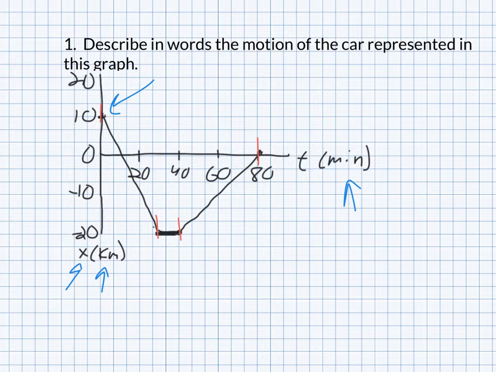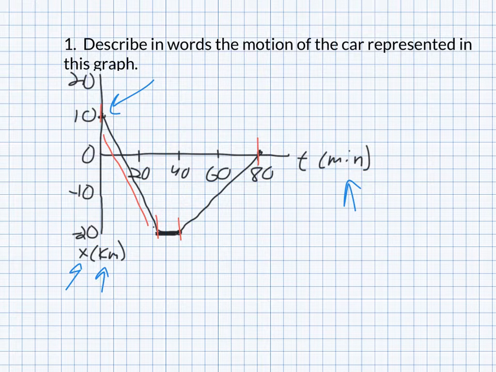If we look at the first interval where I've marked, which is this one here, the line is straight, or it would be straight if I had better manual dexterity to draw it. Let's assume it's a straight line, and it's going downward, so it's a decreasing, or negative, slope. And from what we can tell, it starts at 10 kilometers and ends at negative 20 kilometers during that period.